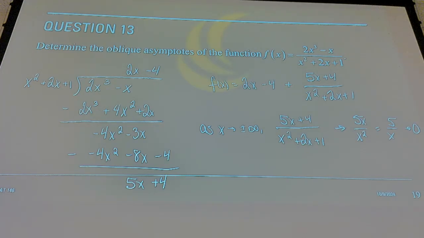And so that's what I mean. The remainder is always going to tend to 0. So f of x itself tends to 2x minus 4. Is that linear? Then that's a slant asymptote.